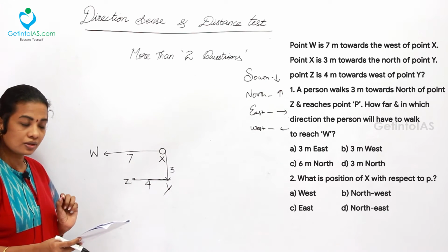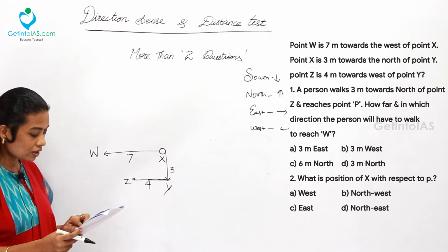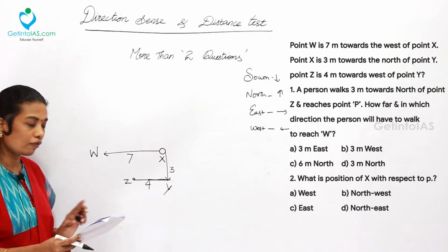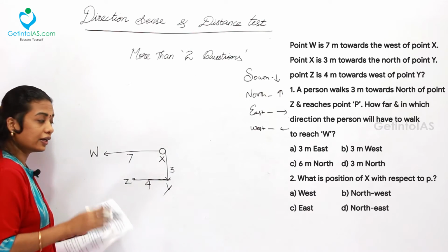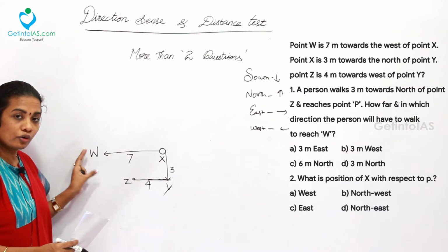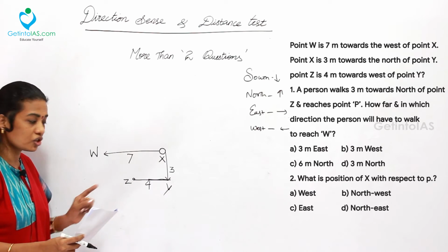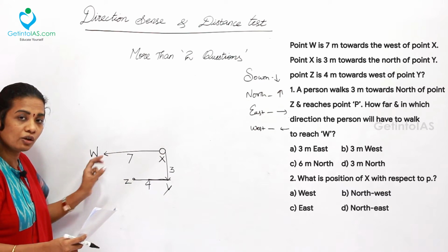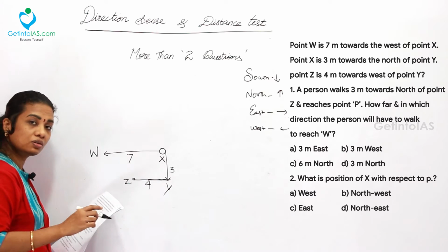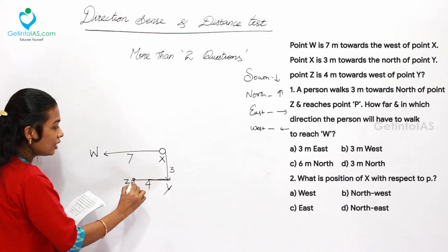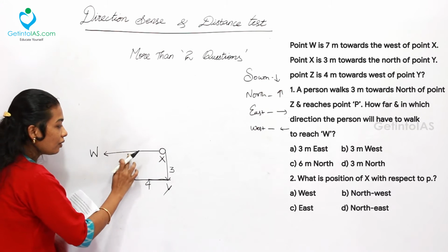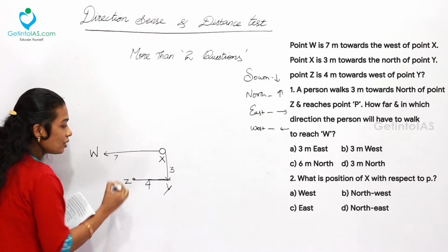Now the first question is asking, a person walks 3 meter towards north of point Z. They are extending the line. This is the basic diagram for both of the questions, but the first question is making an alteration in the main question. That is, a person walks 3 meter towards the north of point Z. Here again 3 meter. First I am writing the 7 separately.